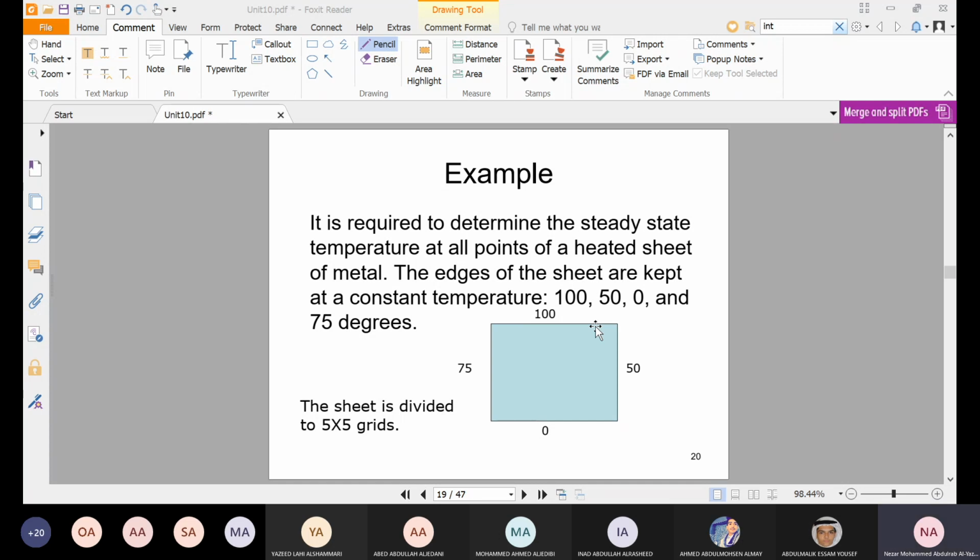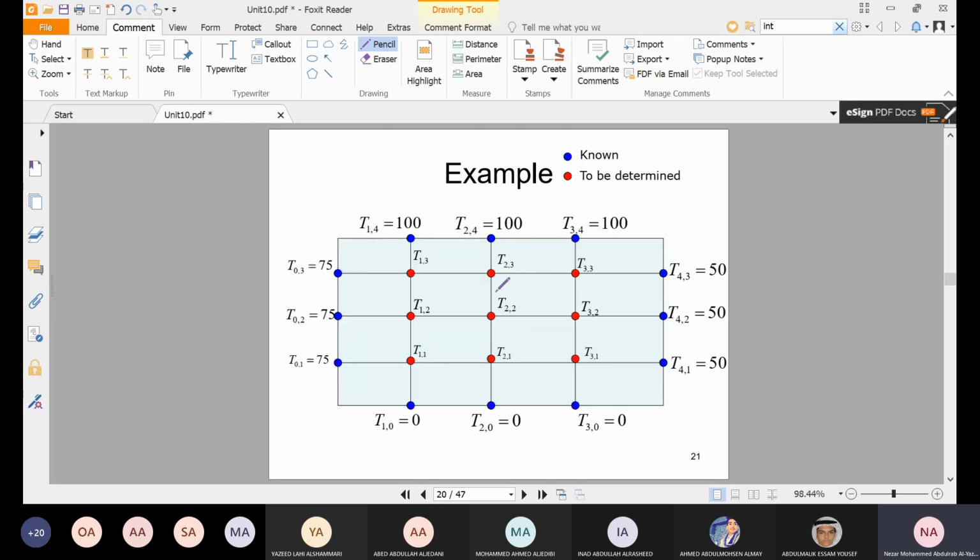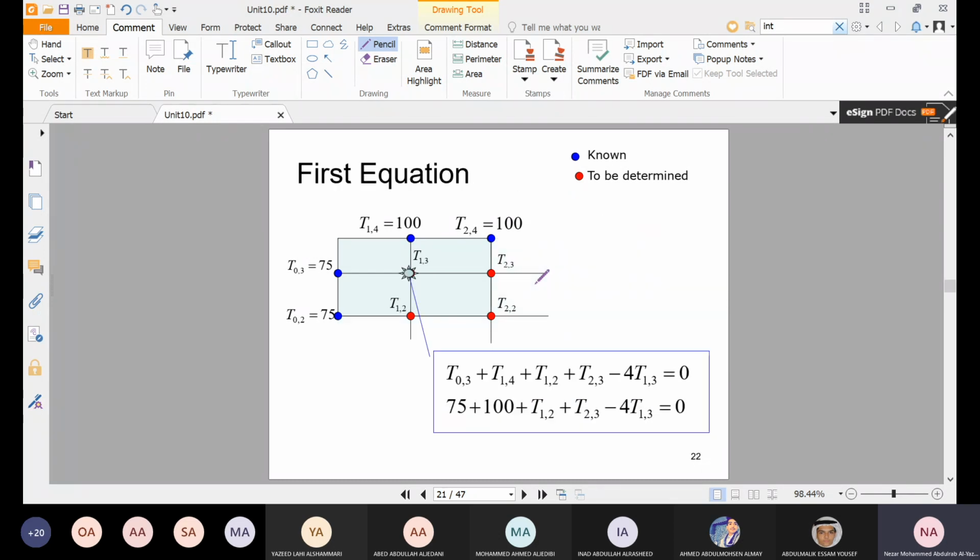After that, we talk about another method, because as we said, in this type of equation, if we have 10 by 10 nodes, we need 100 equations. For example, for this plate, if we divide it based on the step size and we have 3 by 3, 9 nodes, in this case we have 9 equations.